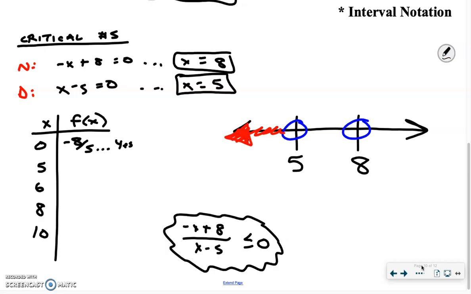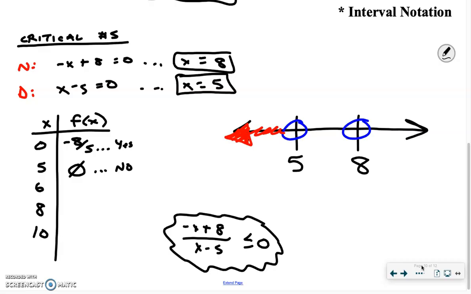When I put a 5 in place, look in the denominator, what's going to happen? We're going to get a 0 in the denominator. I want to be clear that that is not a 0, what I just drew. This is undefined, no solution. So can we compare no solution to 0? Whether we're saying it's greater than, less than, or anything like that, the answer is no. That is not going to be included. It's undefined. It does not exist. So for that reason, that point at 5 is going to remain open.